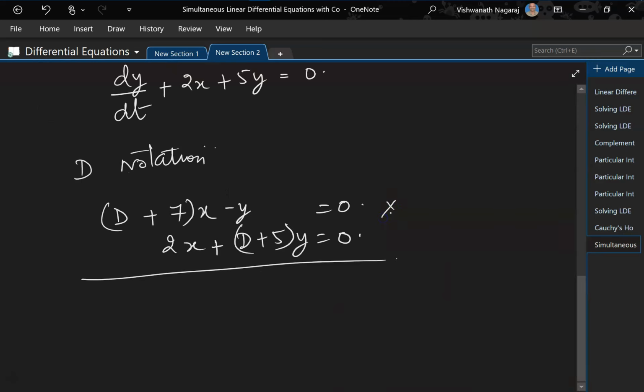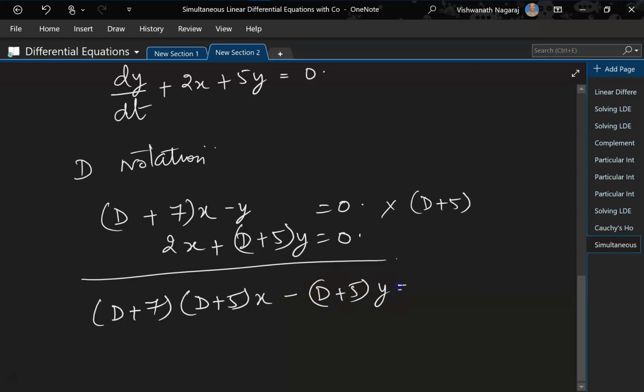Let's multiply the first equation by D plus 5, and the second one we don't have to multiply with anything. So this will become (D plus 7)(D plus 5)x minus (D plus 5)y is equal to 0. And the second equation remains 2x plus (D plus 5)y is equal to 0.